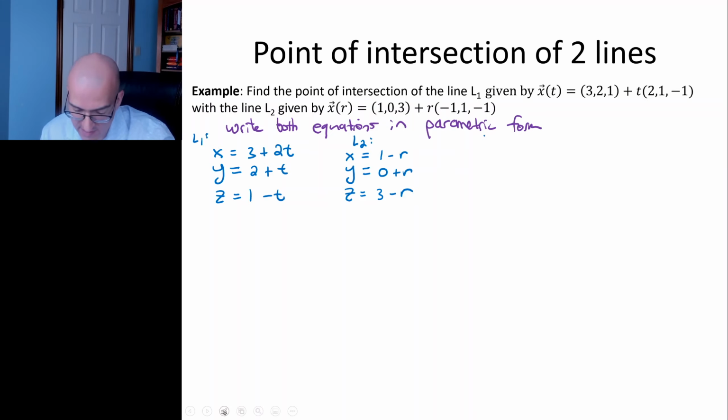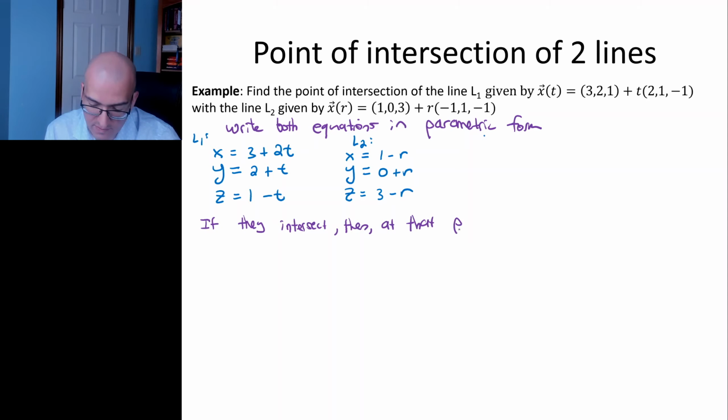If they intersect, then at that point we will have x equals x, y equals y, z equals z.